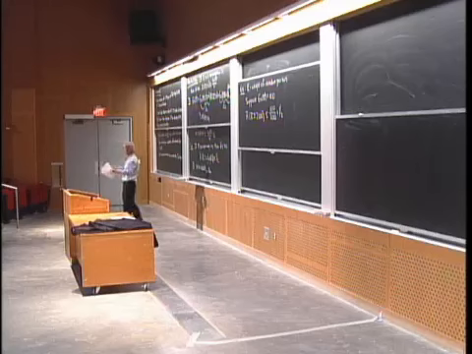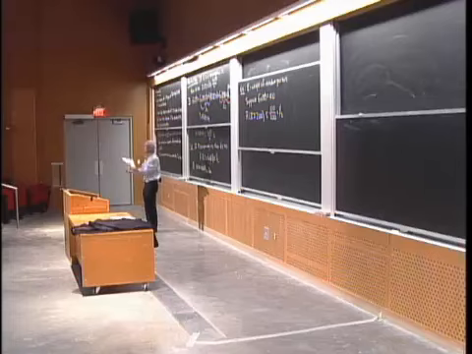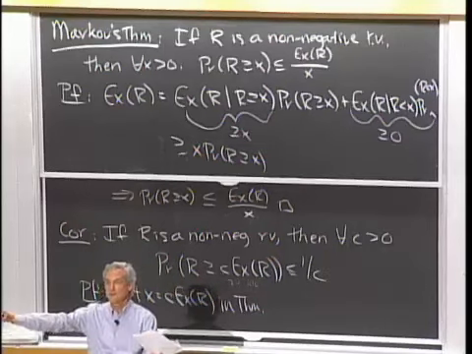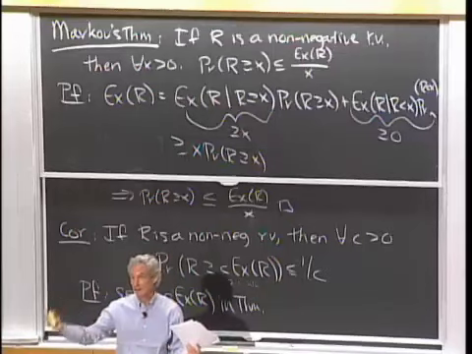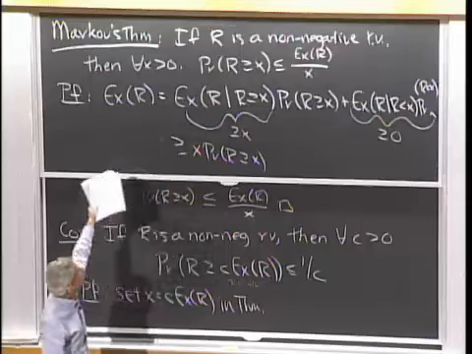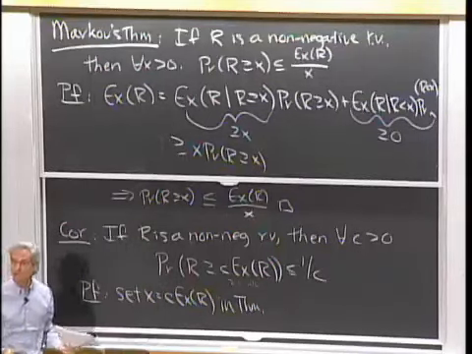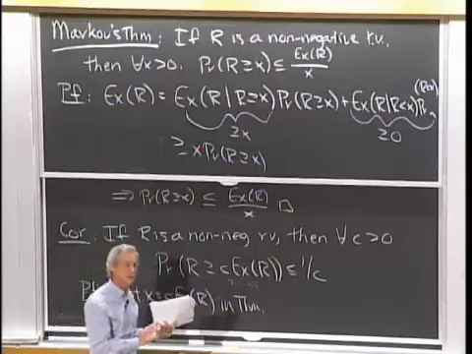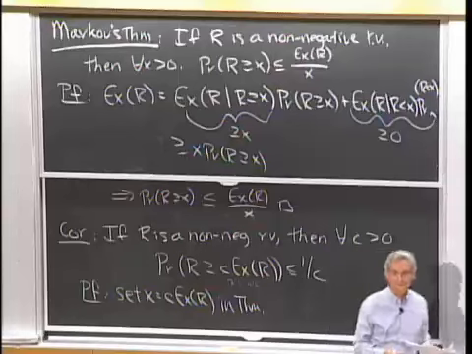But anything else where they're all positive and they average 100, you know that at most half can be 200. Because if you pick a random one, the probability of getting one that's 200 is at most a half, which follows from Markov's theorem. And that's partly why it's so powerful. You didn't know anything about the distribution really except its expectation and that it was non-negative.